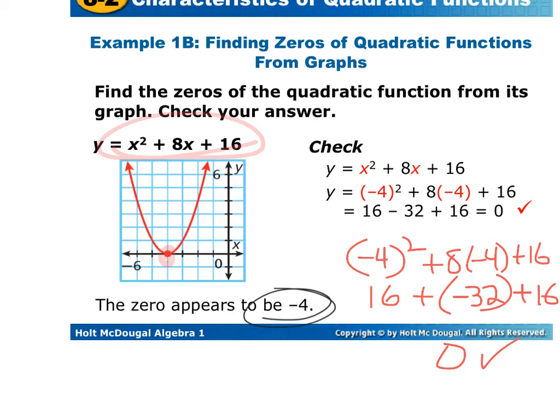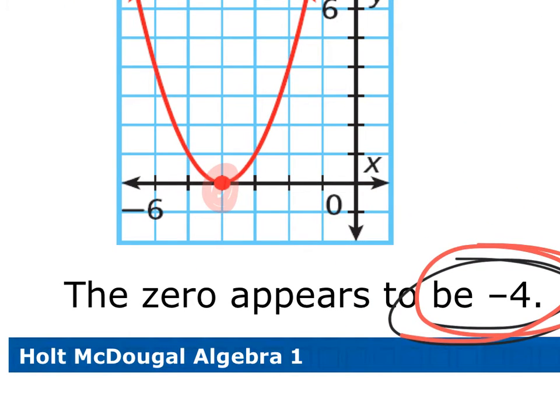So we did find the correct 0, and it's -4. Notice the coordinates of my vertex right here, this point, is the ordered pair -4, 0. When the vertex is sitting on the x-axis, the 0 is just the x coordinate.